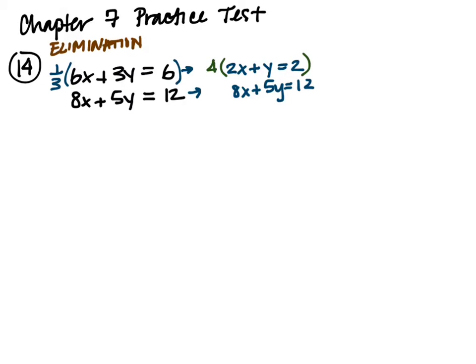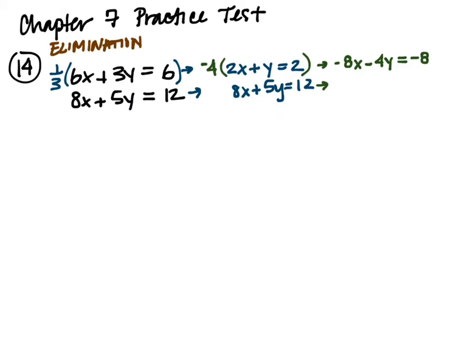Now I want to get this and multiply it by 4, but it needs to be a negative in order to make a -8 and a +8, because this here is a +8. So that then gives me -8x minus 4y is equal to -8.